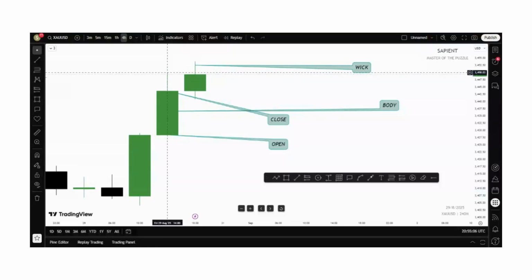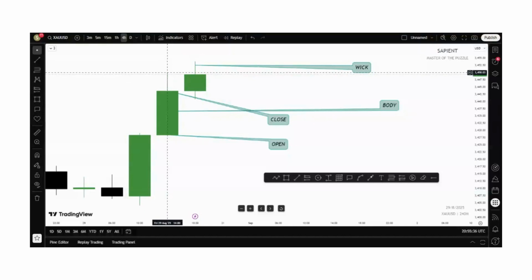The wick will show you that price has come to a certain level. Now let's use 0 to 100. If price went from 0 to 50, dropped to 30, rose again to 70, then dropped back to 50, how would you know that price has been to 70 before if there is no footprint, no identification?